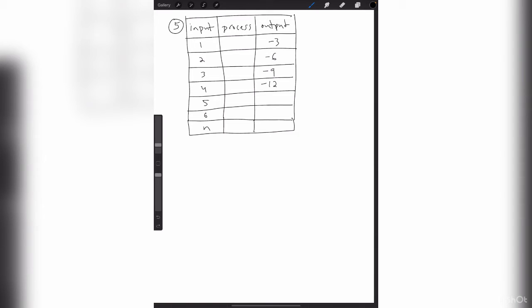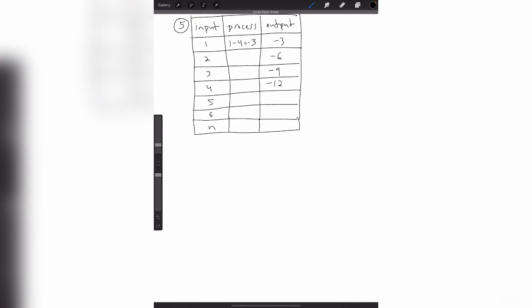Or I could say 1 minus 4, and that would give me -3, but here's the problem with that. If I say 2 minus 4 and I do the same pattern, that only gives me -2, so I know that's not right. So I have to keep thinking and trying different things.